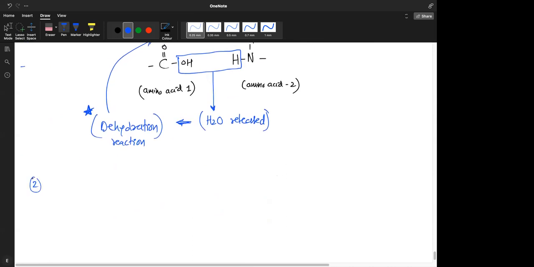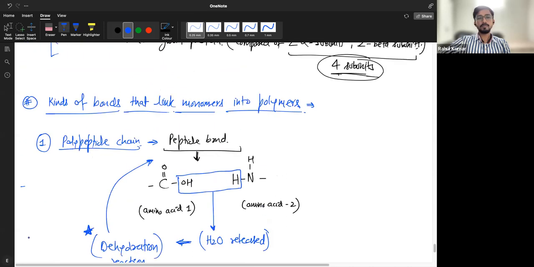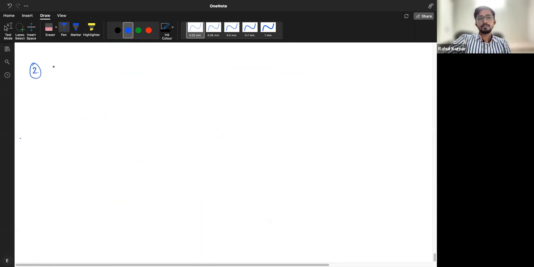Second, what kind of polymer have you studied apart from polypeptide? We have studied polysaccharide, right? Like sucrose, starch. And what is the bond that links the monomers of a polysaccharide? In this, the monomer is monosaccharide, right?